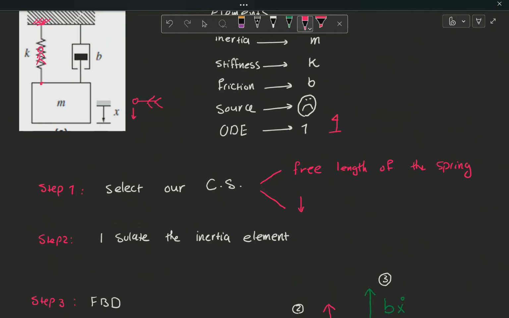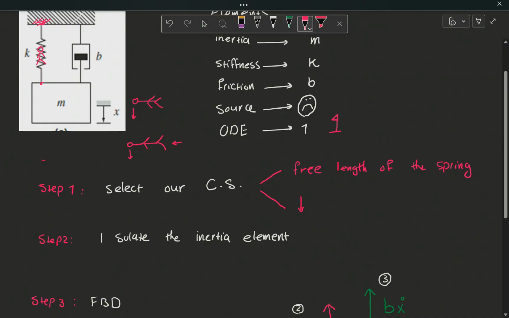Is there a better reference for this system? Well, I think there is. I would look at the static equilibrium point. Okay, so I would let the mass, spring, and damper hang for a while and come to rest. Then probably the mass is going to come to rest over here. Then I would look at the system from that point.